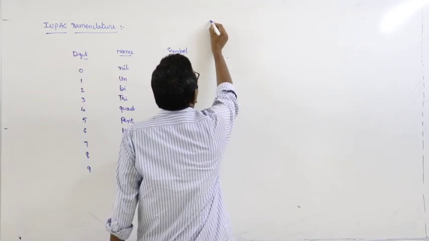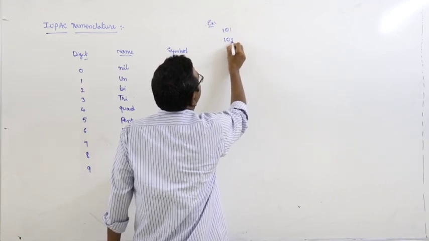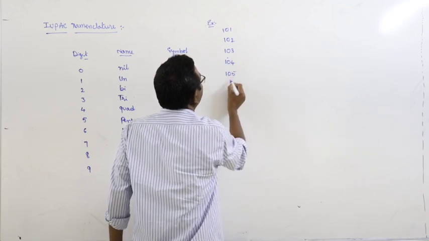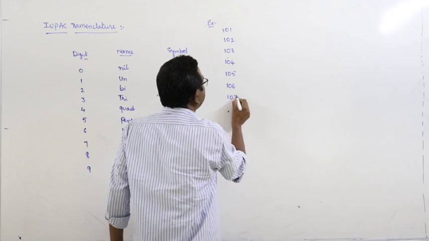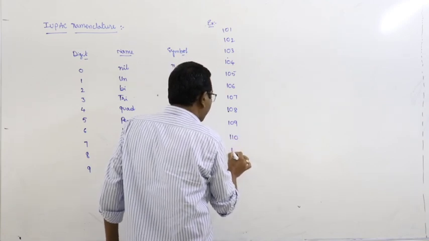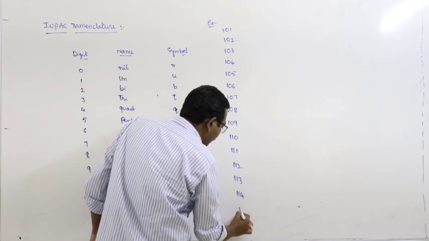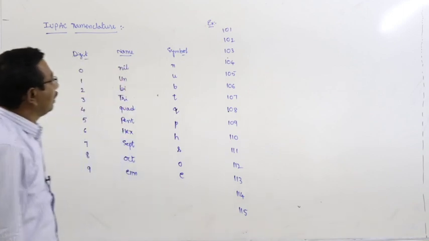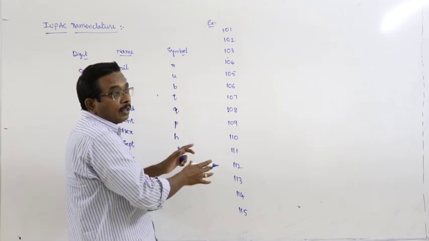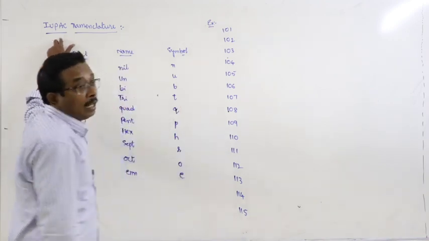Take for example, let us consider 101, 102, 103, 104, 105, 106, 107, 109, 110, 111, 112, 113 and 114 and 115, etc. These are all the atomic numbers of the new elements which are not given names, but they are represented with the IUPAC names.